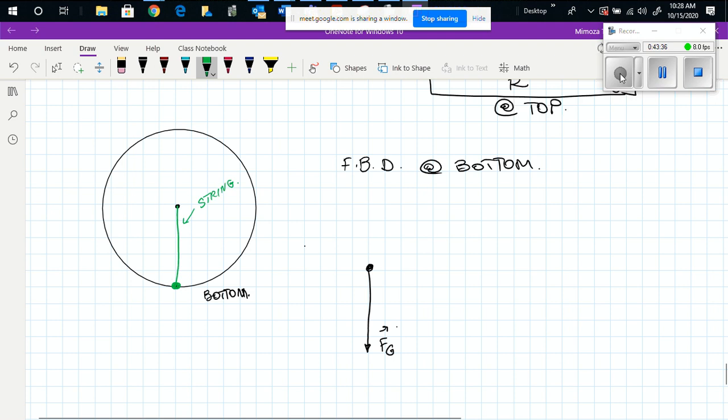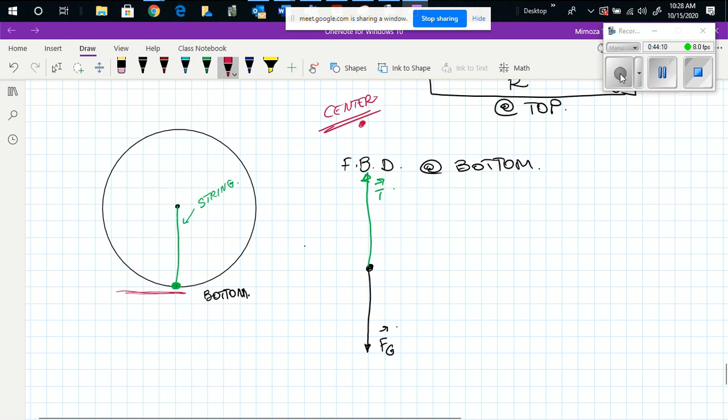Notice that the tension always starts from the object and goes along the string, and along the string is going up. So this will be the tension. Keep in mind that when you are standing here, the center of the circle is somewhere up here.